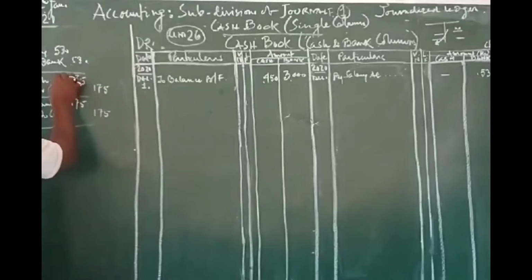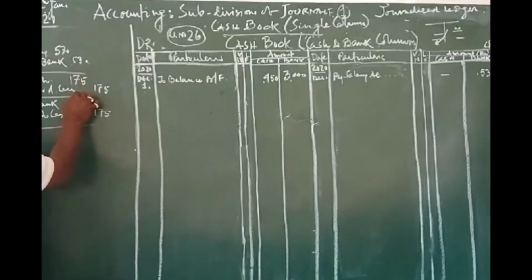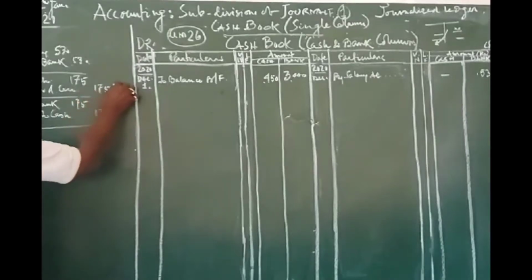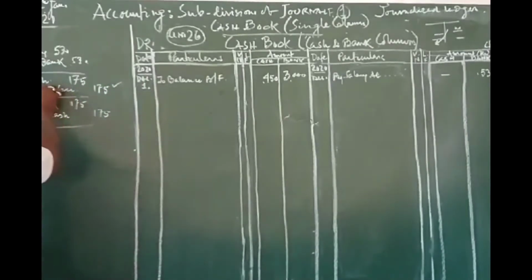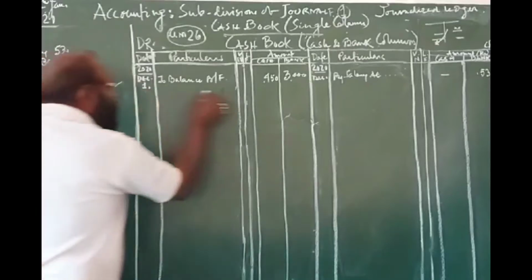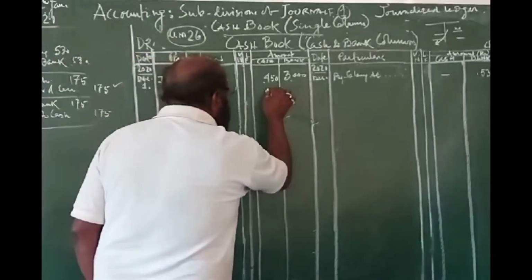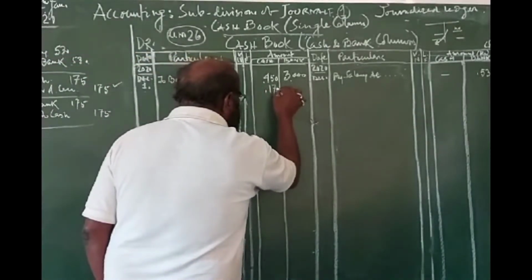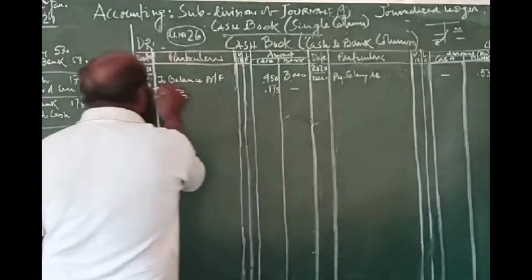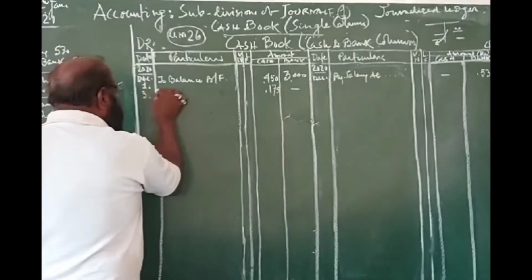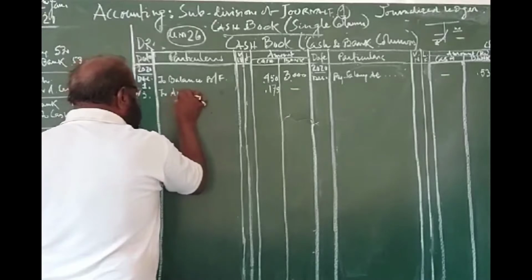Now, what is the effect on the third? On the third, you have got the cash in hand, and it is paid by Mr. Shen. So what should be the entry? Cash is debited. So in the debit side of the cash book, we should write 175 to A. Shen.